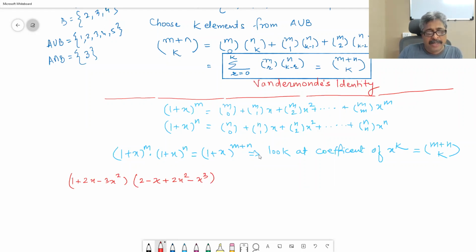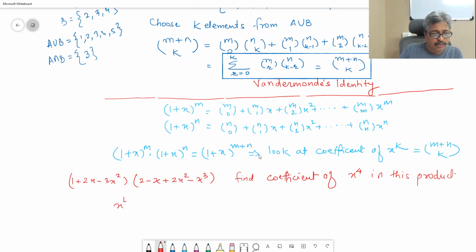Okay, and if I say find the coefficient of say x raised to 4 in this product, let me directly explain without wasting much time.